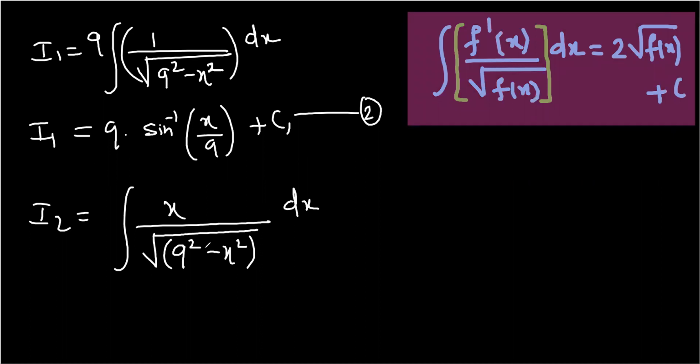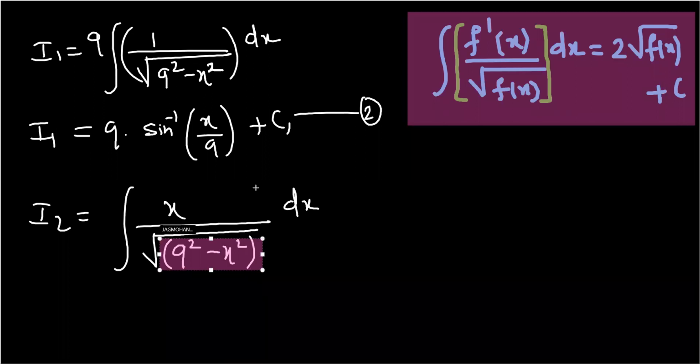But for using this, what does this result say? It says that the derivative of the expression you have inside the square root in the denominator we should get in the numerator. The expression inside the square root in the denominator is 9 square minus x square.